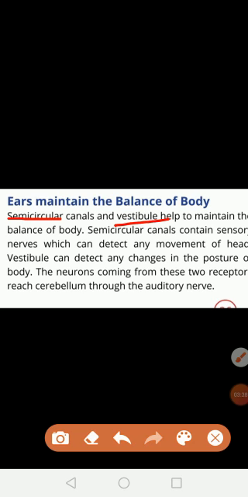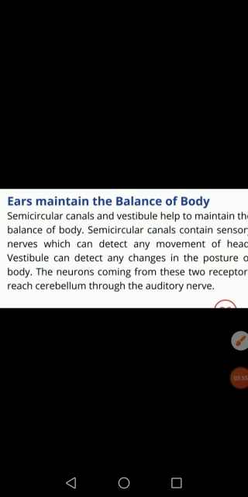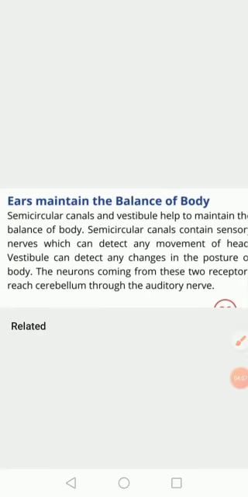The semicircular canals contain sensory nerves which can detect any movement in the head, and similarly the vestibule can detect any change in the posture of the body. The neurons coming from these two receptors reach the cerebellum, which is part of the brain, through the auditory nerves. So the semicircular canals and vestibule help to maintain the balance of the body, and they also detect any change in the posture of the body.